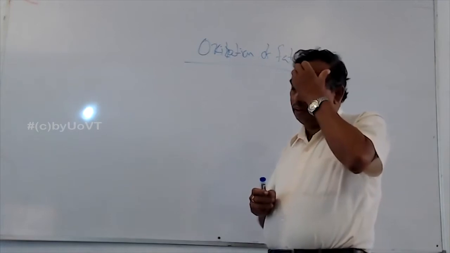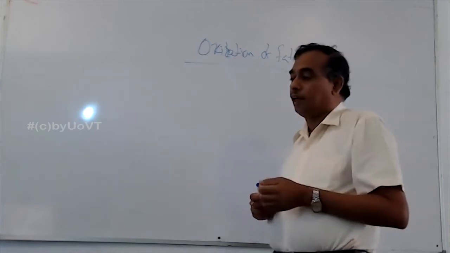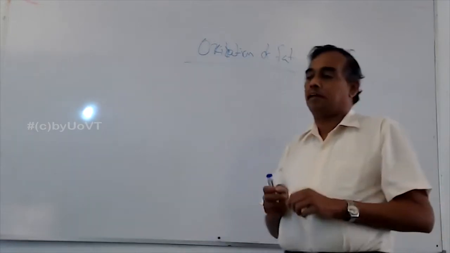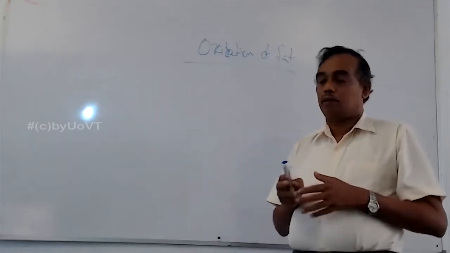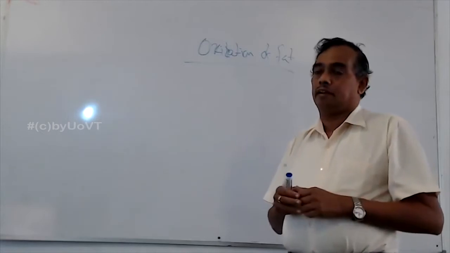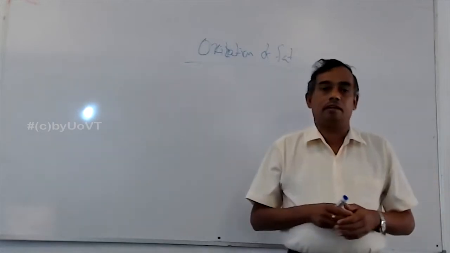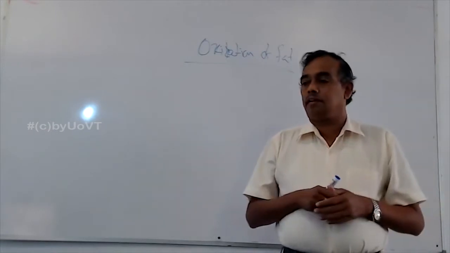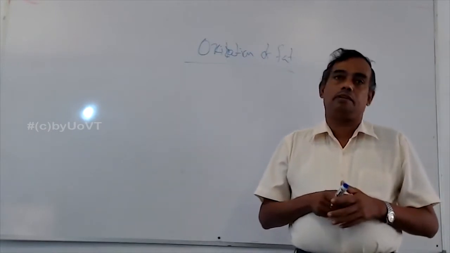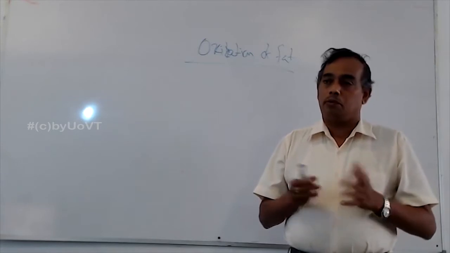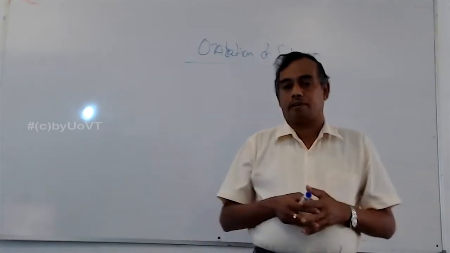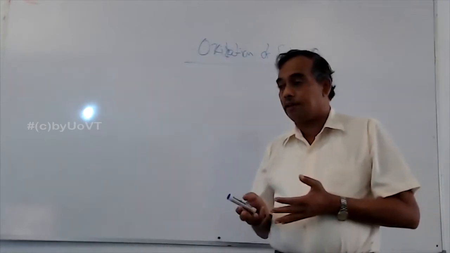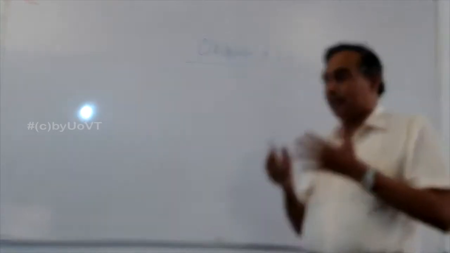Oxidation means fat is likely to interact with oxygen. So that is the oxidation of fat. Due to oxidation, most fat-containing foods produce different types of byproducts. Some are aldehydes, some are alcohols, some are ketones, some are ethers.